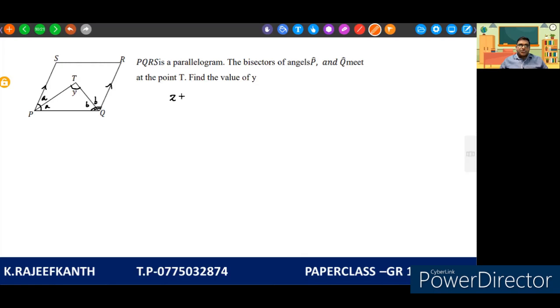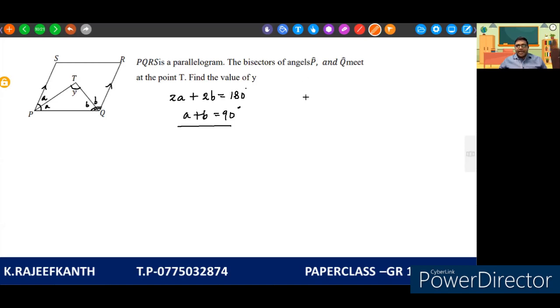Then we can write 2A plus 2B is equal to 180 degrees. Then we can divide each term by 2. Then A plus B is equal to 90 degrees. Now we got the value for the sum of A and B is equal to 90 degrees. Now in the triangle PQT, A, B and Y are interior angles.